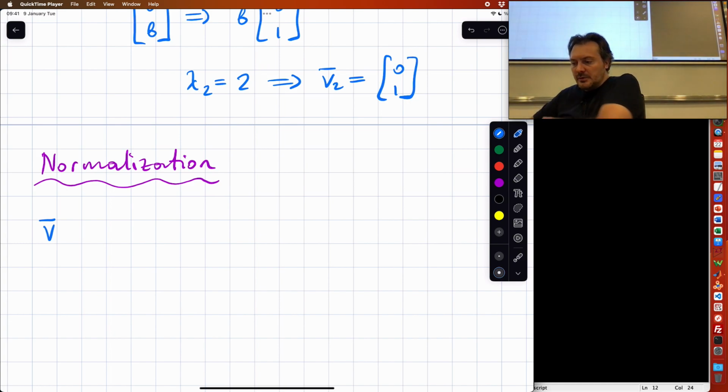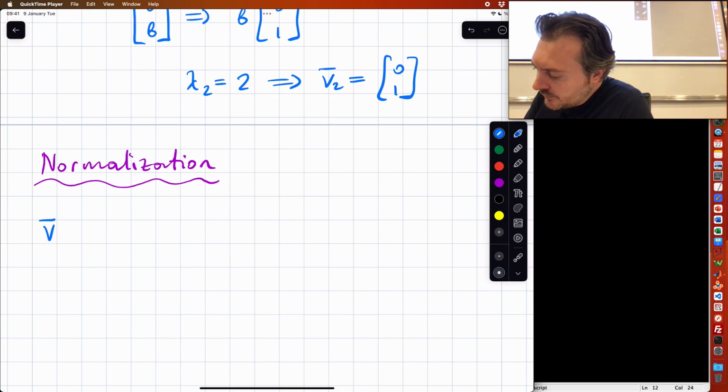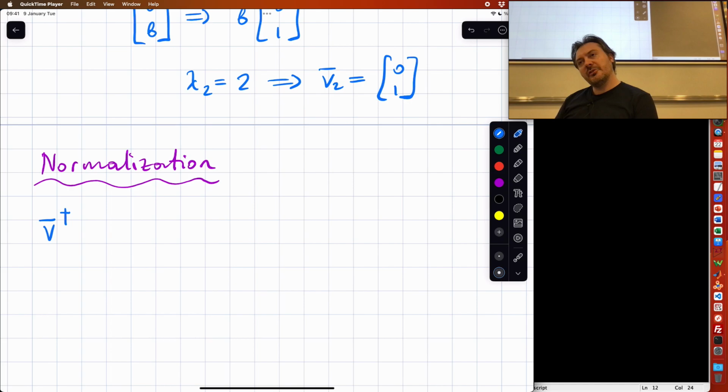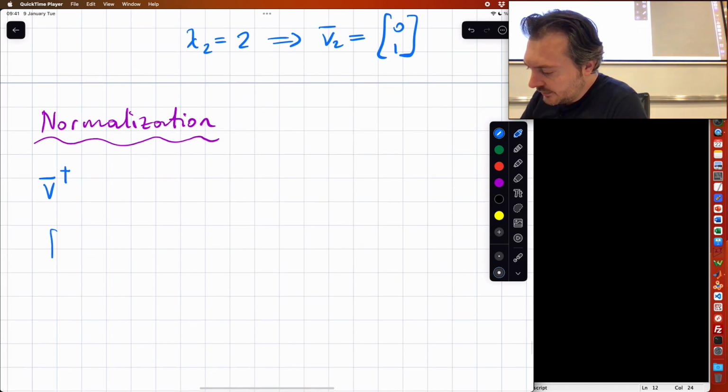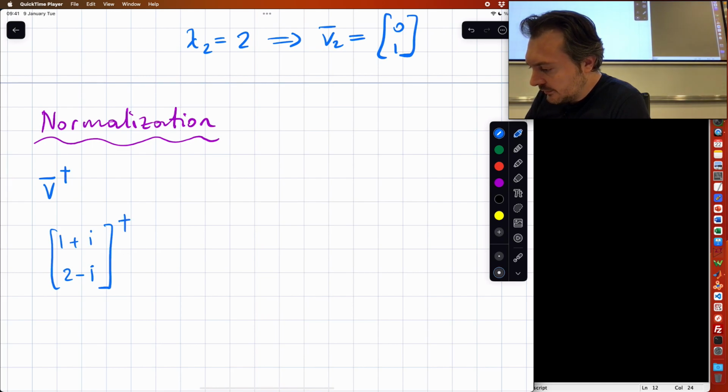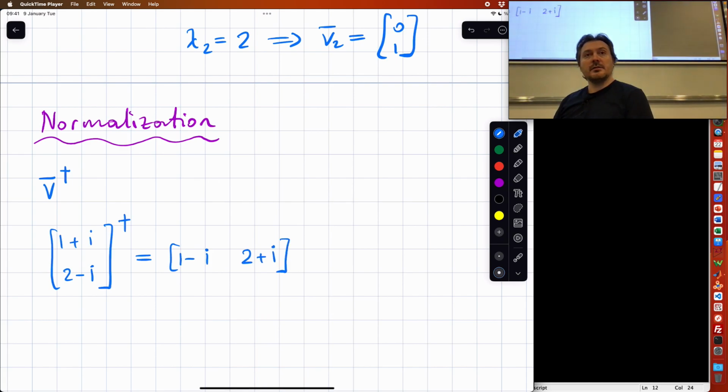So what I'm going to do is I'm going to first take the Hermitian conjugate of this vector, which is this, by the way. Let's say you have 1 plus I, 2 minus I. Its Hermitian conjugate is basically 1 minus I, 2 plus I. Okay? That's what it is.